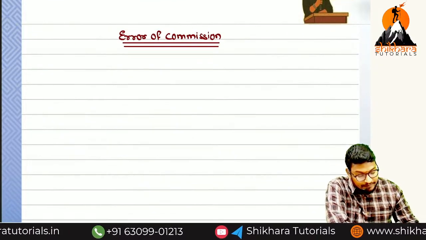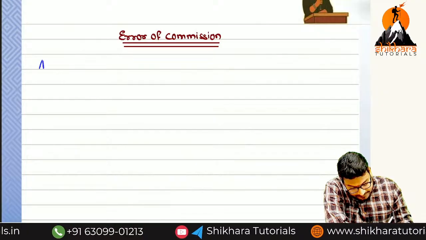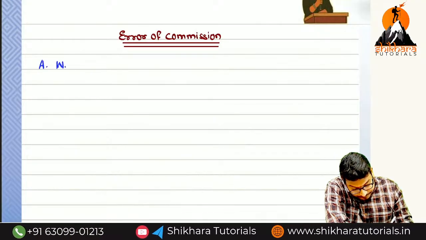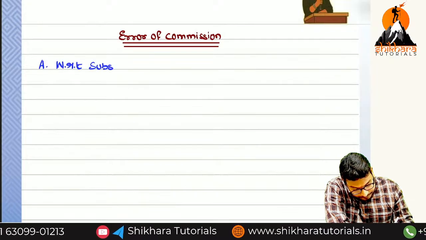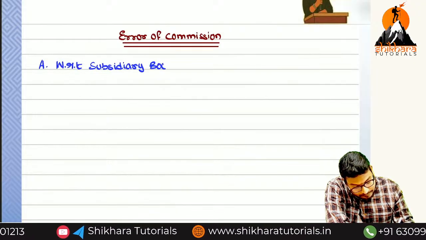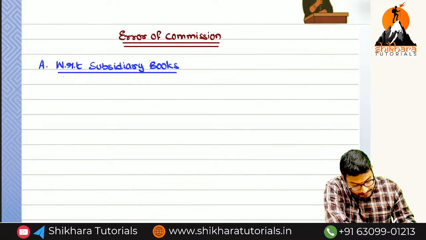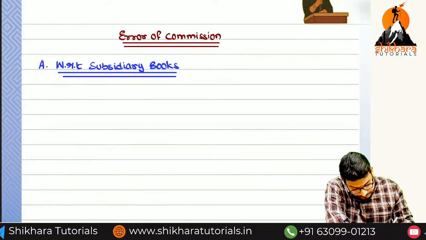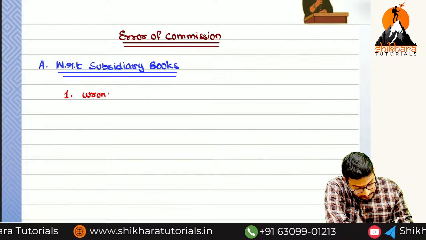In that error of commission, what is the first topic we are discussing? Let us keep it as capital A. Capital A is nothing but with respect to subsidiary books. In that, what is the first one? Wrong book recorded.